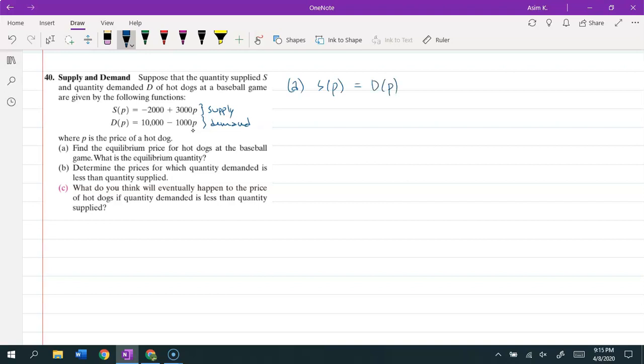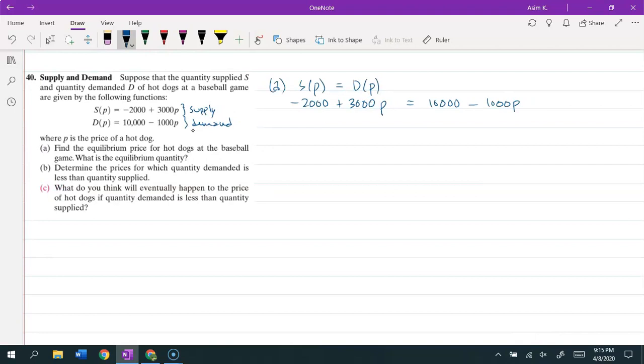That's essentially the same thing you did in the previous exercise: you take the supply equation and set it equal to the demand equation, like this. Then, solving for the price, you add 1,000 on both sides and subtract 2,000 on both sides.